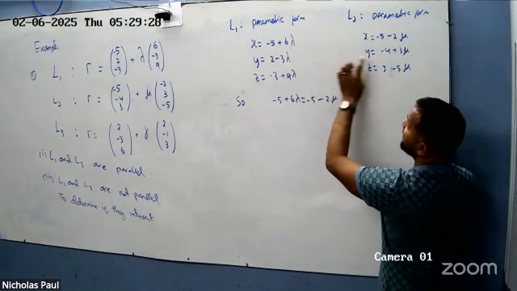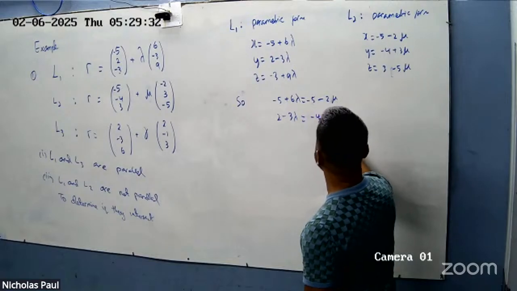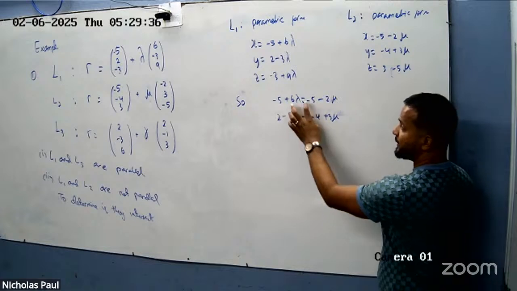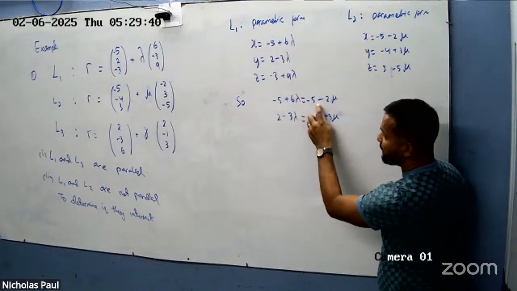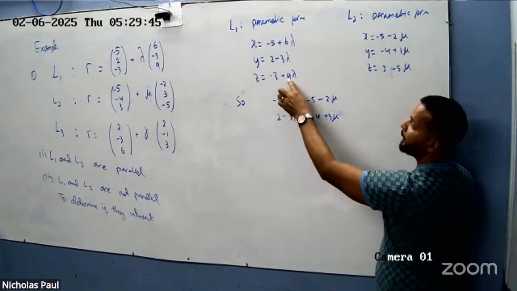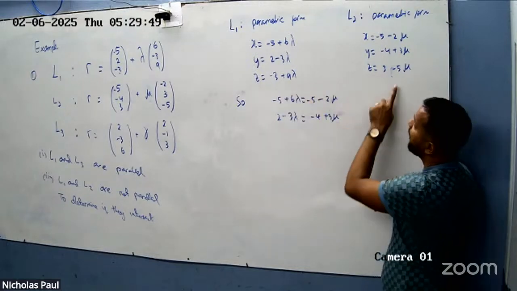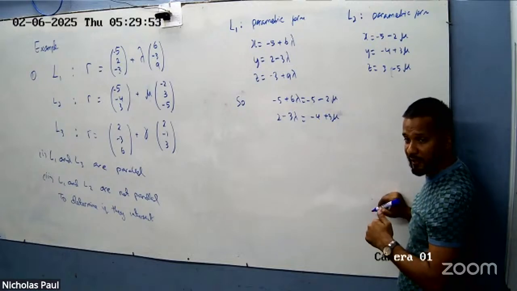I'm doing it here too: 2 minus 3 lambda is equal to minus 4 plus 3 mu. So these two are equal and these two are equal, and I'm going to solve for lambda and mu. When I solve for lambda and mu, I'm going to put them in here. If I put lambda in here and I get 5, when I put mu, I'm supposed to get 5. That means that they intersect.